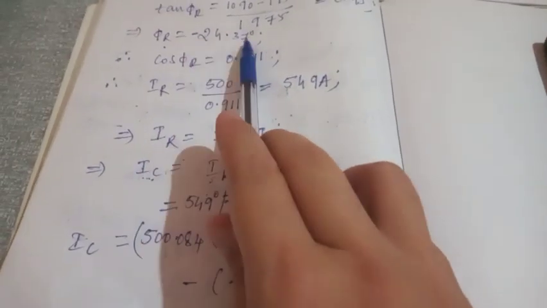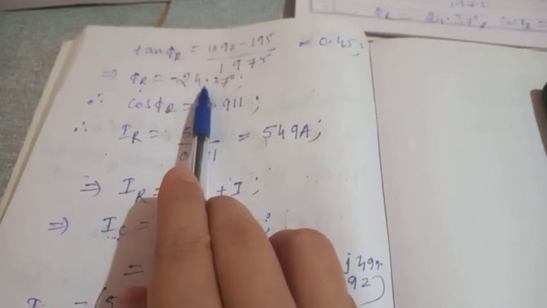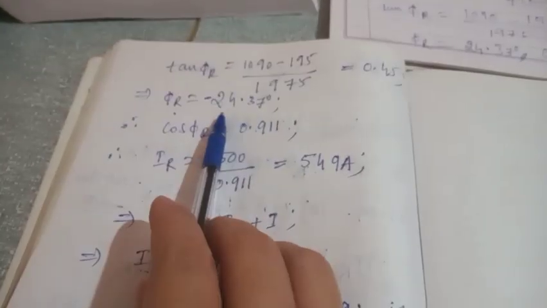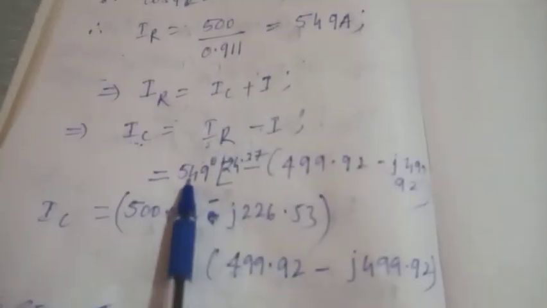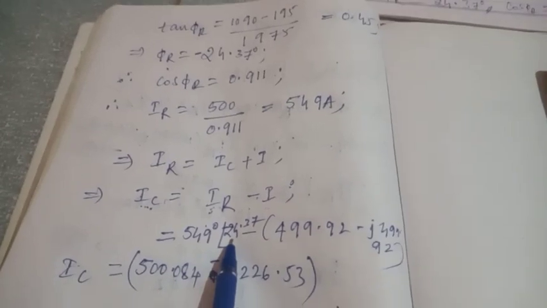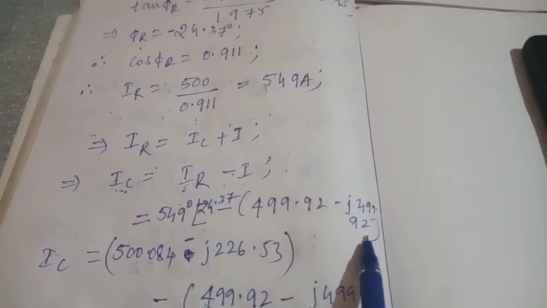Don't make this mistake. Every time take care that phi R is minus 24.37; you have to add the minus sign here. So what is the IR value? 549 at an angle minus 24.37, minus 499.92 minus j 499.92.